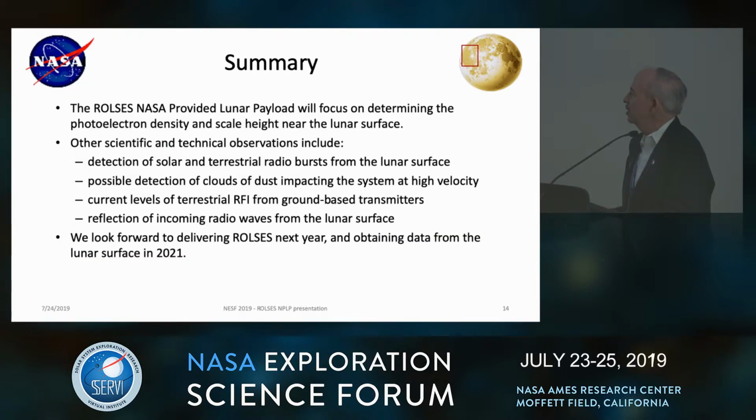So in summary, the ROLSES NASA-provided lunar payload will focus on determining the density and scale height of the photoelectron sheath, as well as detection of solar and terrestrial radio bursts, to demonstrate that could be done from the lunar surface, and the possible detection of clouds of dust impacting the system, and the current level of terrestrial RFI from ground-based radio transmitters, and maybe we might see reflection of incoming radio waves from the lunar surface or below the lunar surface.